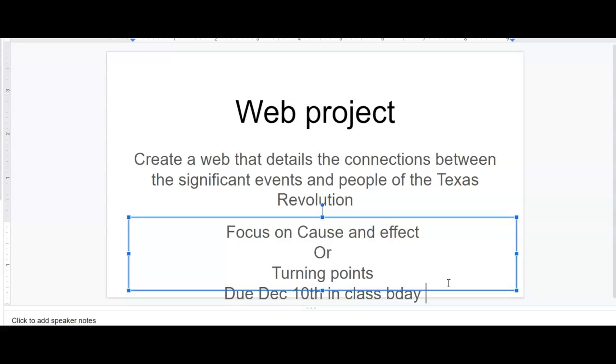I can't remember. Yeah, that's going to be for B-Day, it's going to be due December 9th, because December 10th is an A-Day. For B-Day, it's December 9th. So it's the same amount of days considering one started on it before the other. So there you go. That's what you're working on.